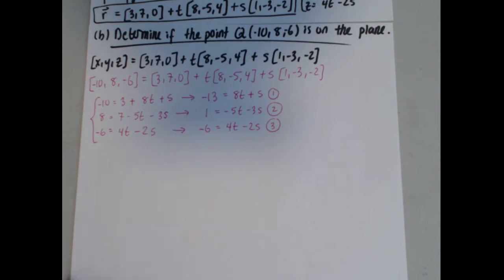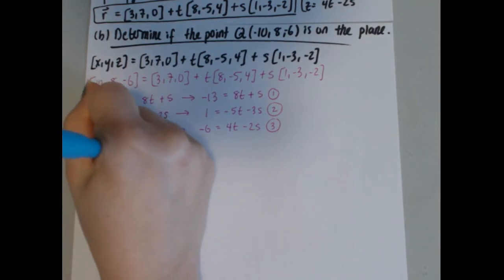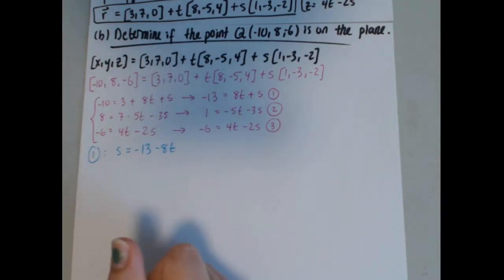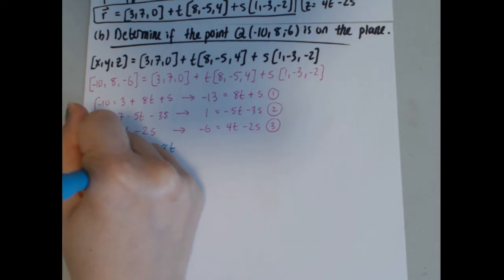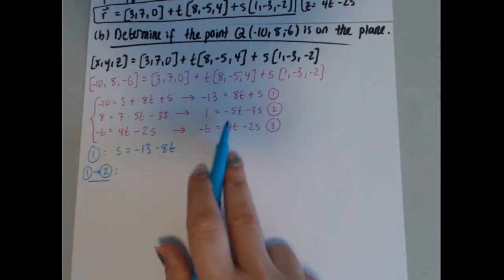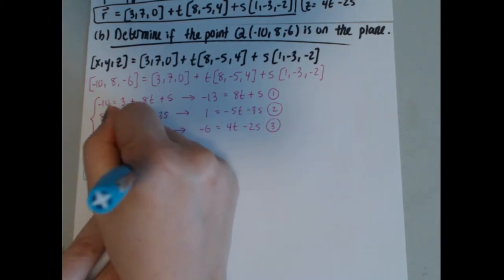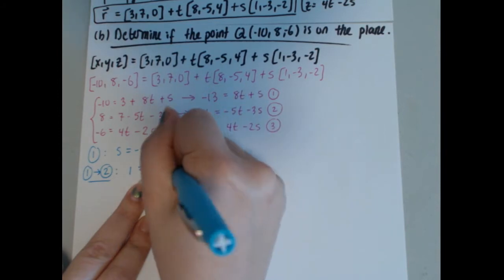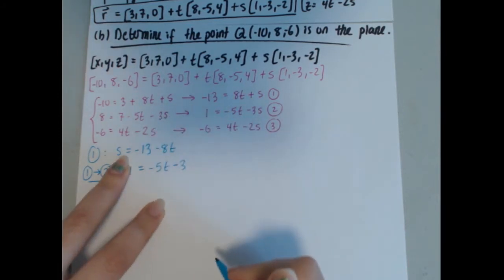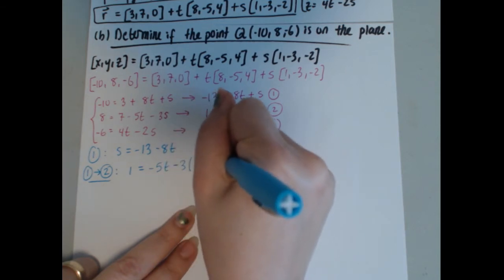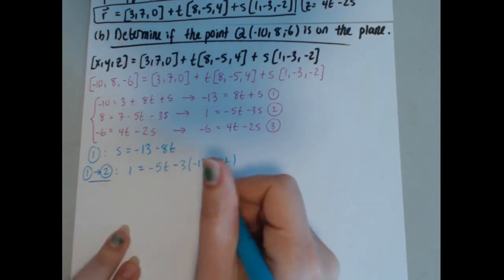Okay, so starting off with equation 1, I have s is equal to -13 minus 8t. Now I'm going to plug that into equation 2. Equation 2 is right here: 1 is equal to -5t minus 3s. S is -13 minus 8t, so you have to expand this.